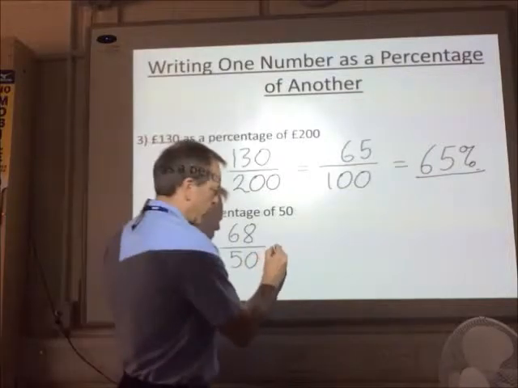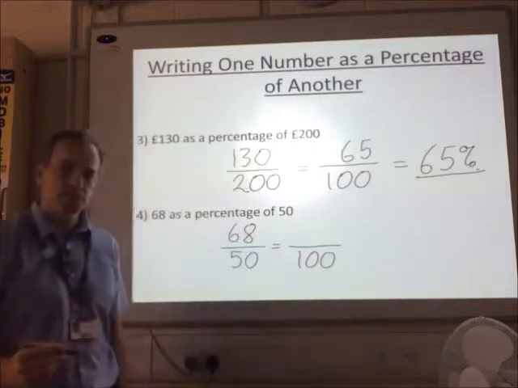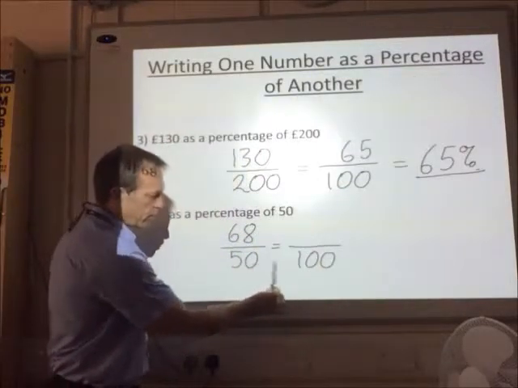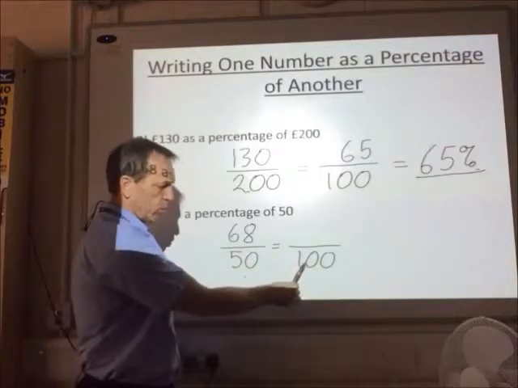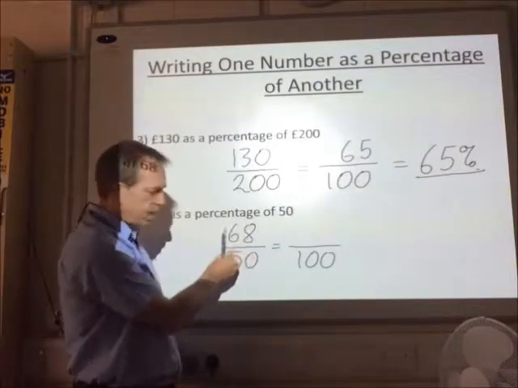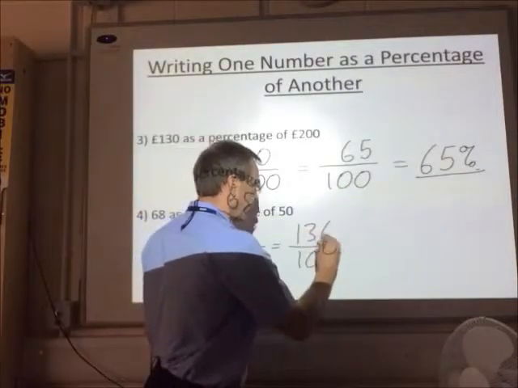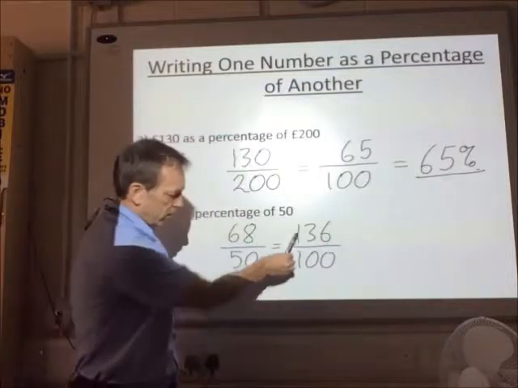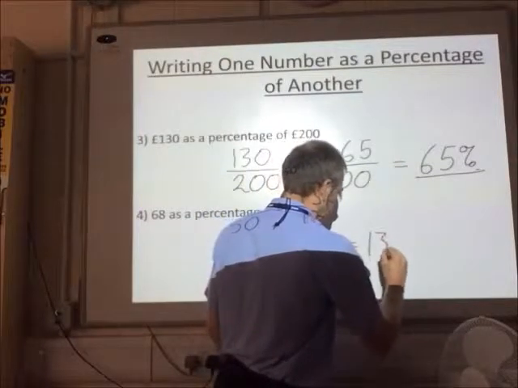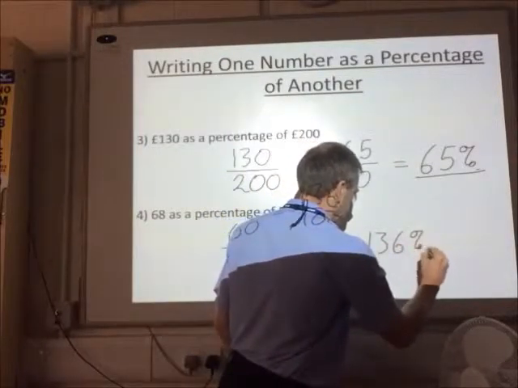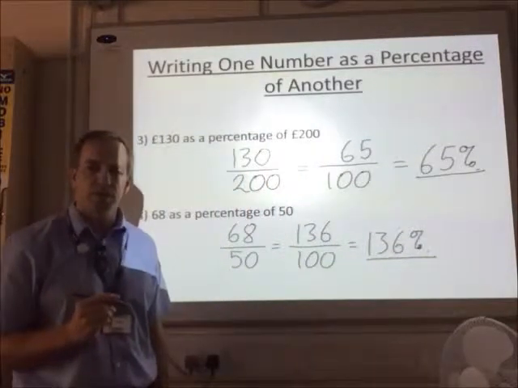Now I'm going to look for a fraction that is out of 100. 50 goes into 100 2 times, so I'm multiplying my 50 by 2 gives me 100. So 68 multiplied by 2 gives me 136. So now I've got a fraction out of 100, so my answer is 136%.